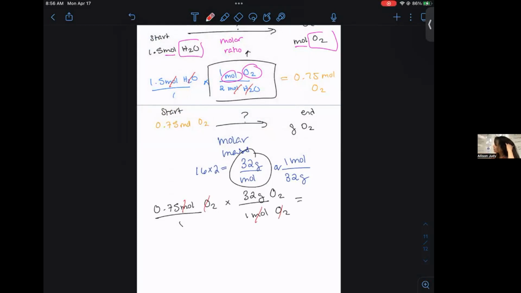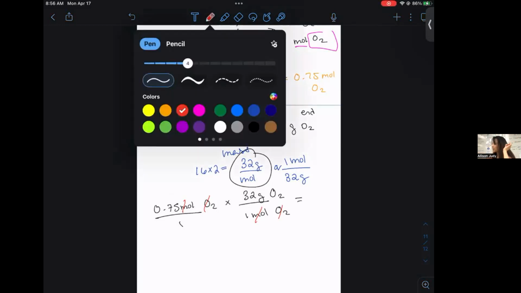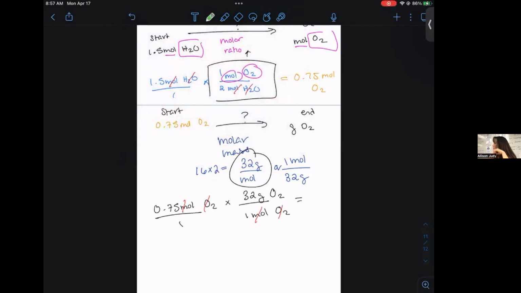And I just get 0.75 times 32 divided by 1 times 1. And I get, what's 0.75 of 32? 24. Okay. I get my answer is that 0.75 moles of oxygen made specifically from decomposing 1.5 moles of water is measured in lab as coming out as 24 grams of oxygen.